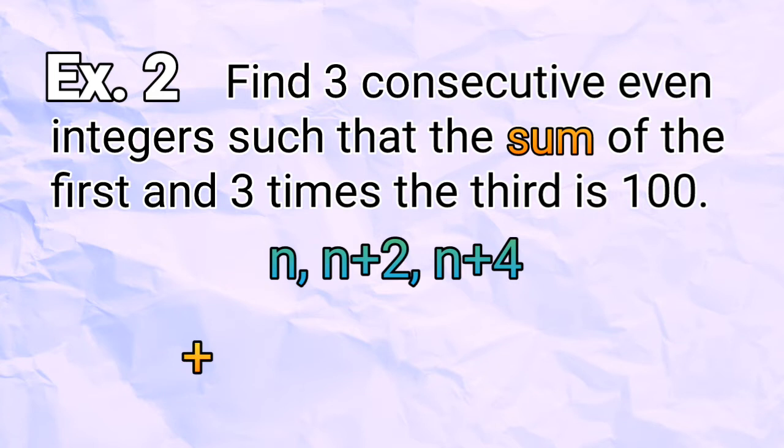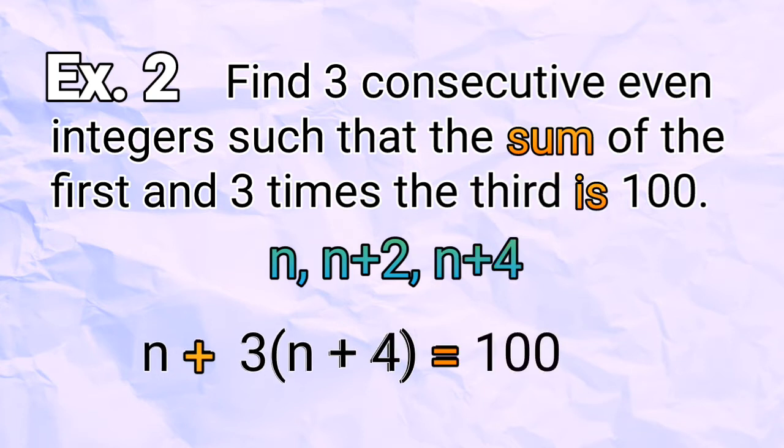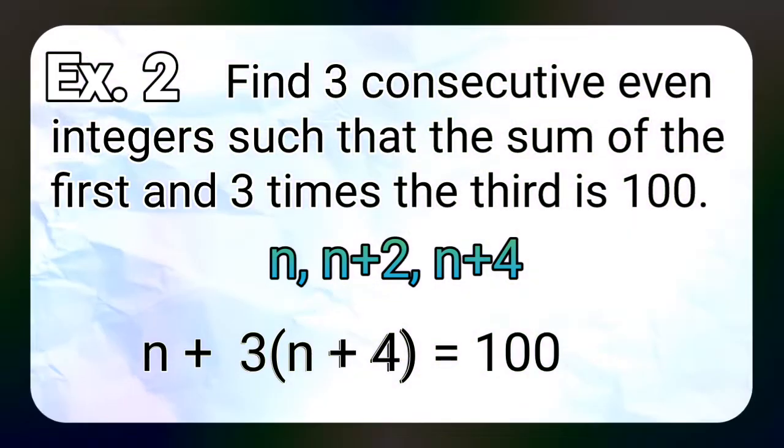It says the sum of the first, that's n, and 3 times the third. So that's 3 times n plus 4. It says that the sum is 100. So we have our equation. Now we need to solve for n.